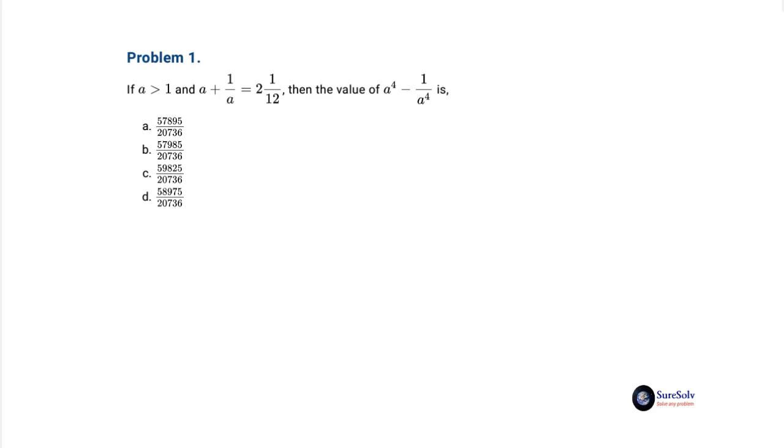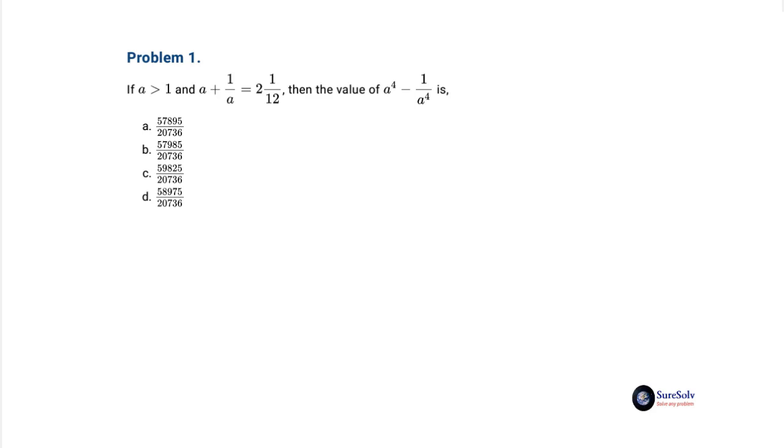The answer lies between these two. Now we'll check any one of these for the factor of 7. Choosing option C, we divide 59825 directly by 7. It doesn't have the factor of 7. So the answer must be option D, 58975 divided by 20736. If you actually calculate the products, you will see that this indeed is the answer.